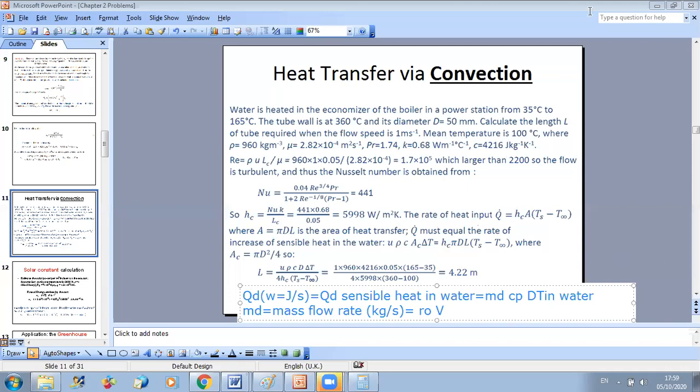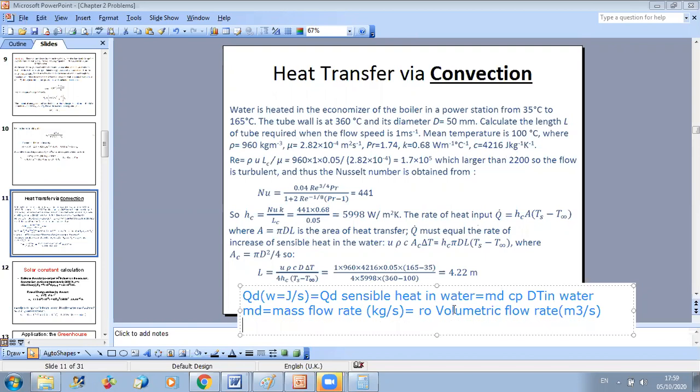So it's rho times the volumetric flow rate, and the unit of the volumetric flow rate is meter cube per second. If I have a flow, to calculate the volumetric flow rate, all I have to do is the cross-sectional area times the velocity.